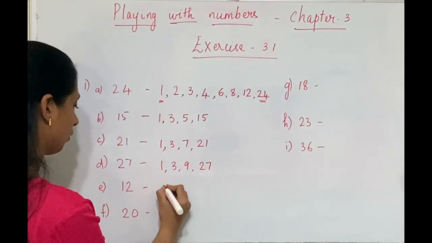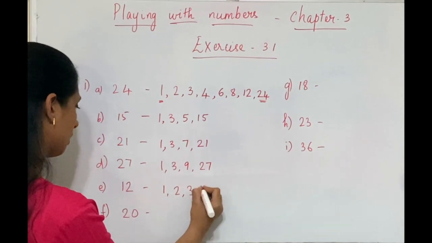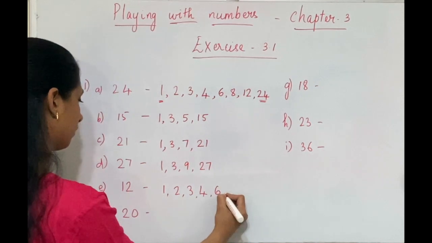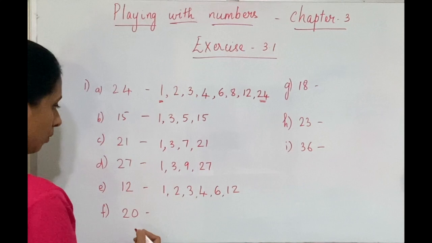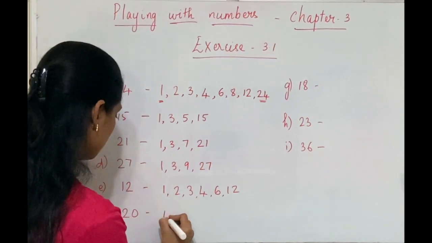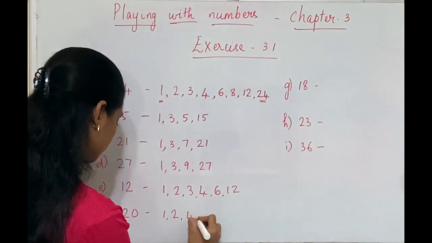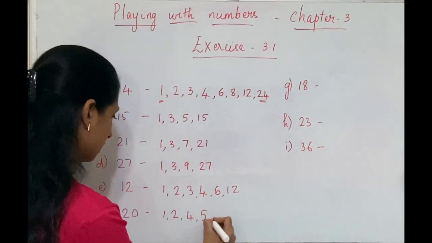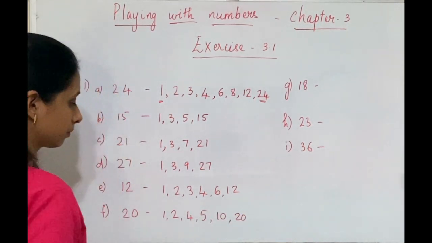What about 12? 1, 2, 3, 4, 6, and then 12. Okay, what about 20? 1, 2, 3, no, 4, 5, yes, and then 10, and then 20.